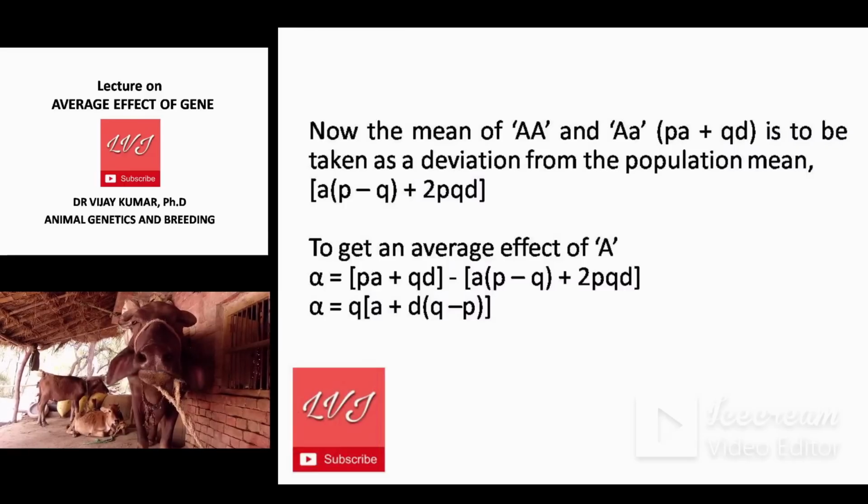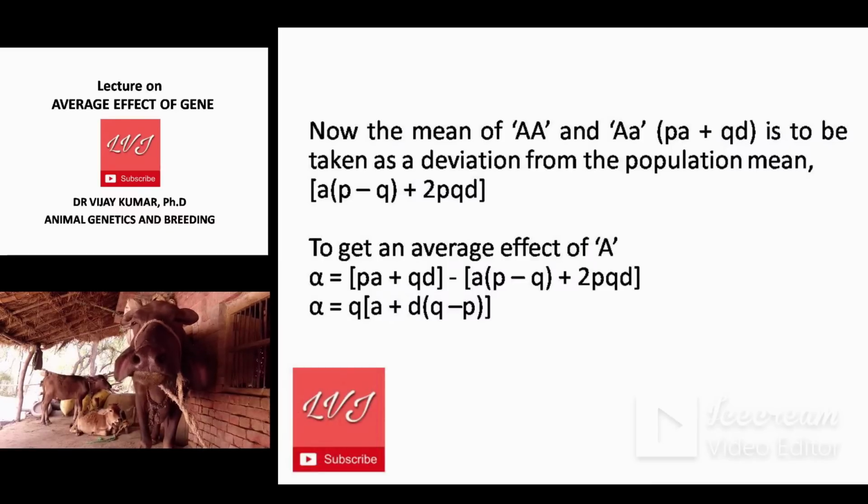Listen once again. The average effect of the dominant allele will be pa plus qd minus [a(p minus q) plus 2pqd], and after solving this equation we will get the average effect of the dominant allele, that will be q[a plus d(q minus p)].